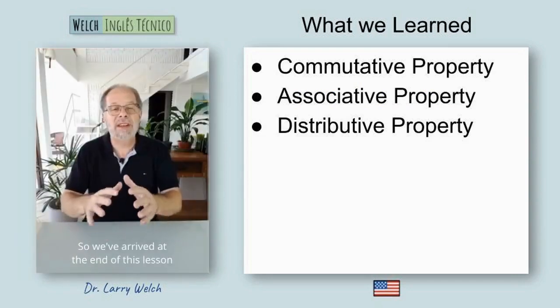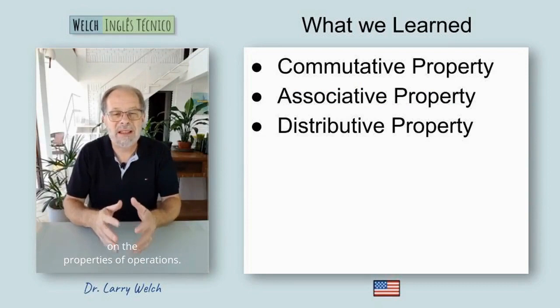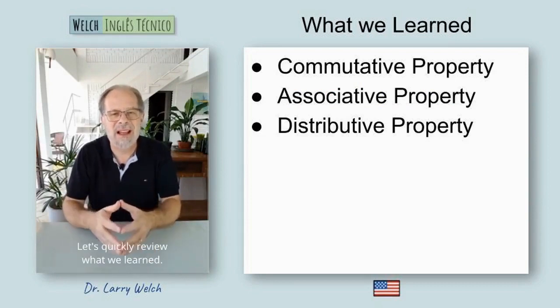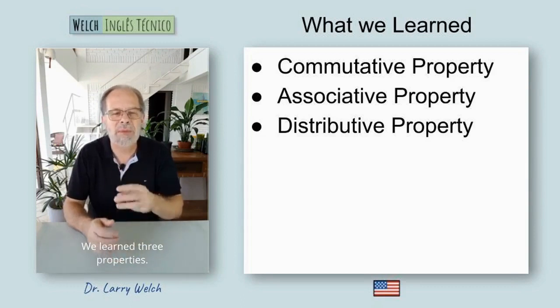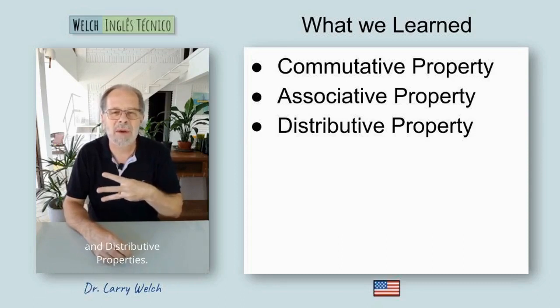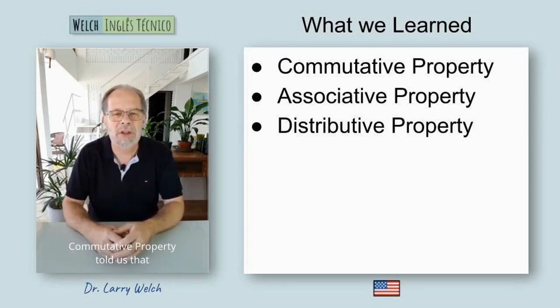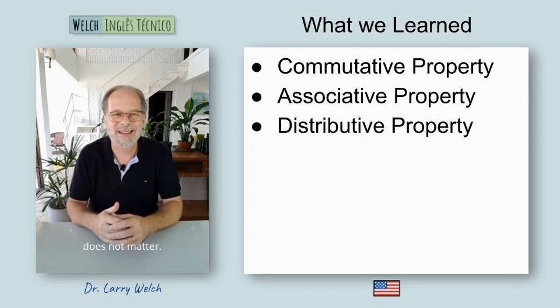So we've arrived at the end of this lesson on the properties of operations. Let's quickly review what we learned. We learned 3 properties: the commutative property, associative property, and distributive properties. Commutative property told us that the order of the operands does not matter.